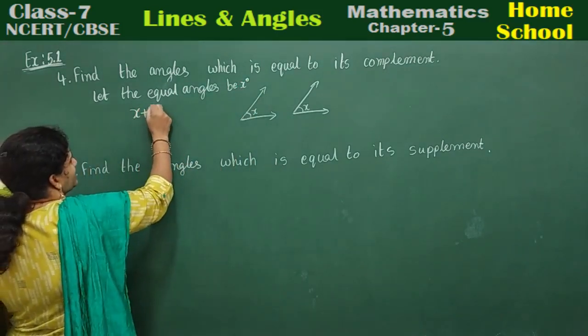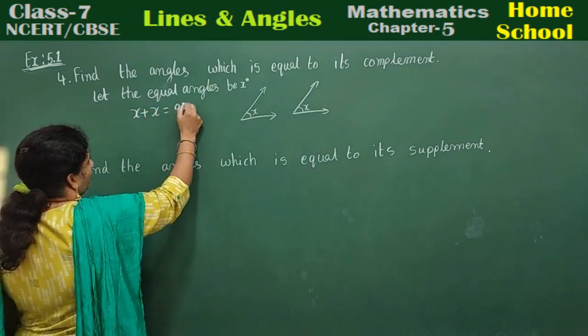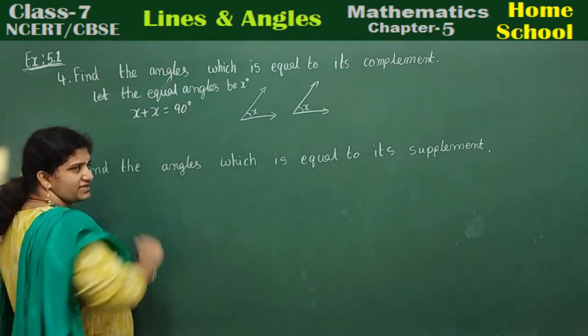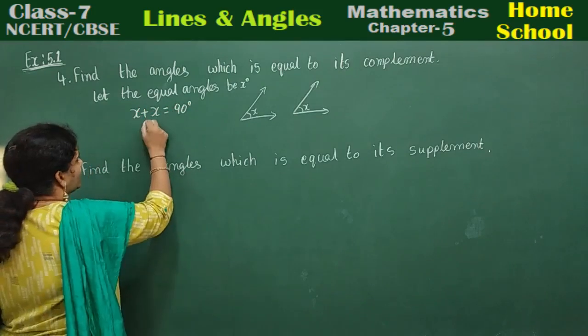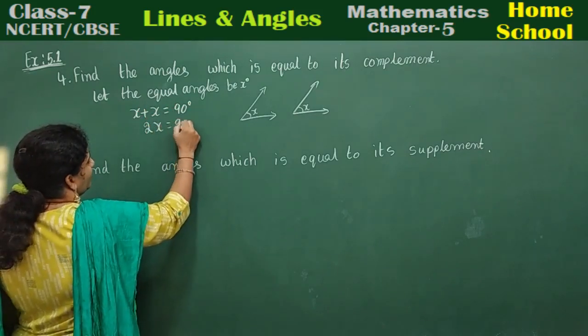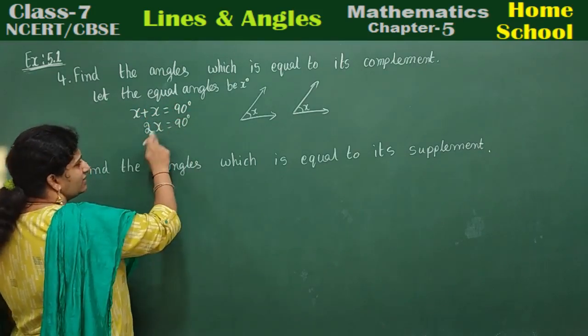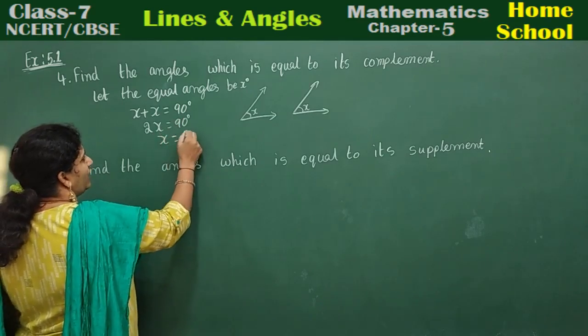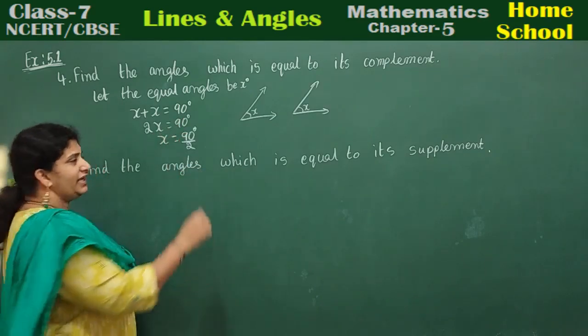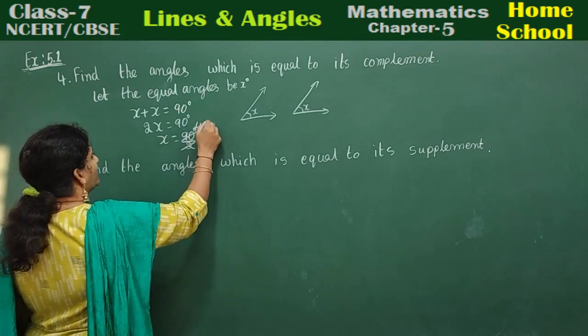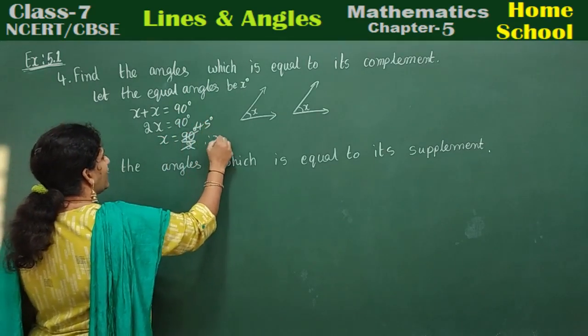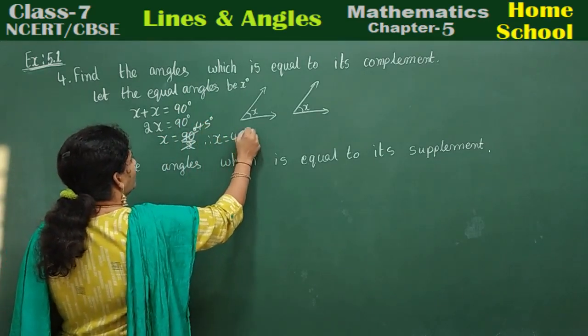So, add these two, x plus x is equal to 90. X plus x is 2x. 2x is equal to 90 degrees. 2 is a multiple, send to the other side. It will be divided: 90 degrees by 2. It will be 45 degrees. Therefore, x is equal to 45 degrees.